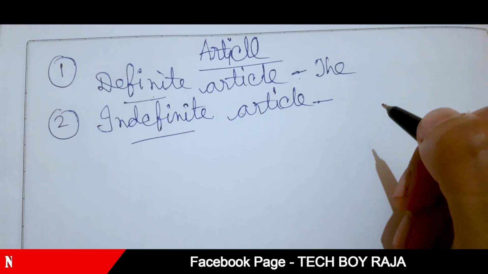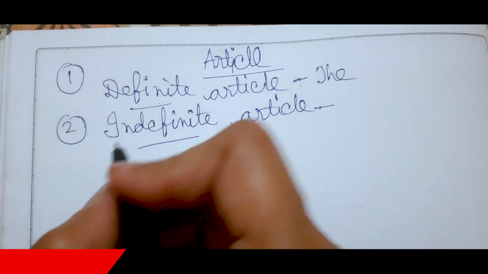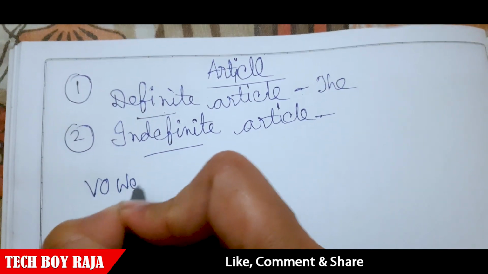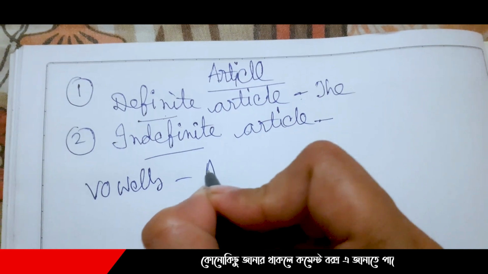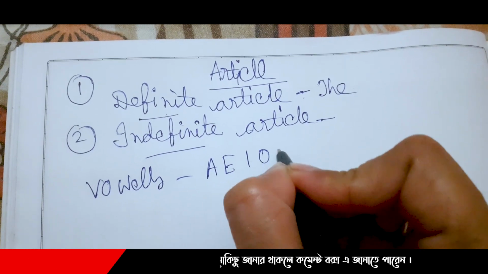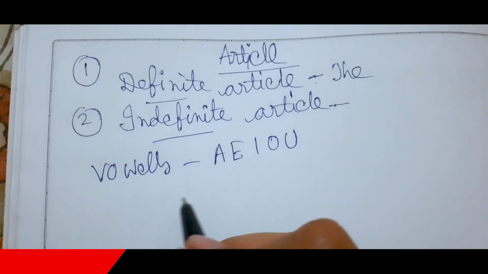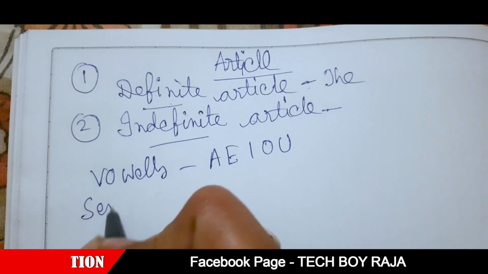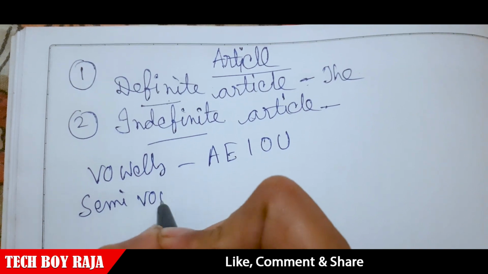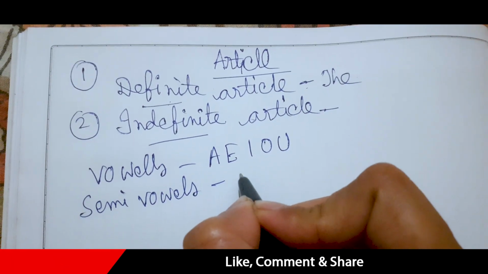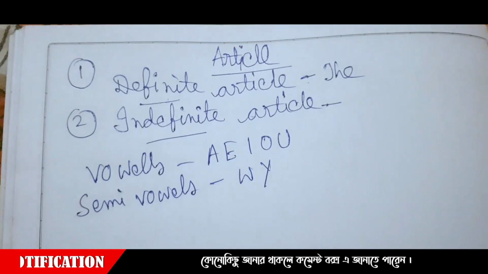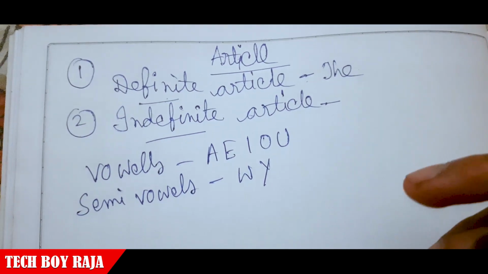Vowels are A, E, I, O, U, and the rest of these are consonants. Only two letters are called semi-vowels, that are W and Y. So the rest of these are consonants.